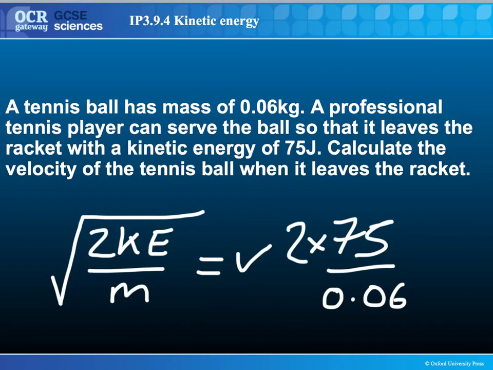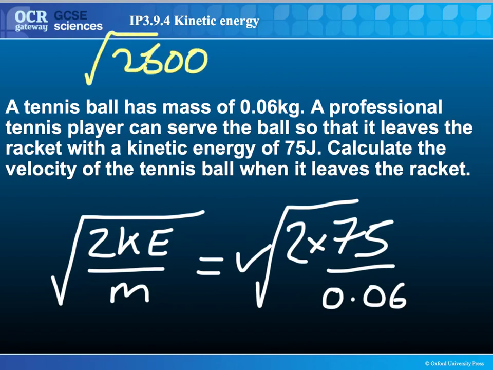So 150 divided by 0.06 gives you 2,500. You then square root that number. So the square root of 2,500 is 50. So that ball is travelling at 50 meters per second.